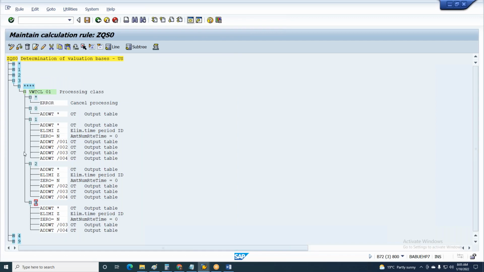If I maintain blank, where does it go? Star, sir. It goes to star and gives the error. So for every wage type in InfoType 8, processing class 01 must be maintained. If the wage type is not used in any rates, at least maintain 0, like training allowance.